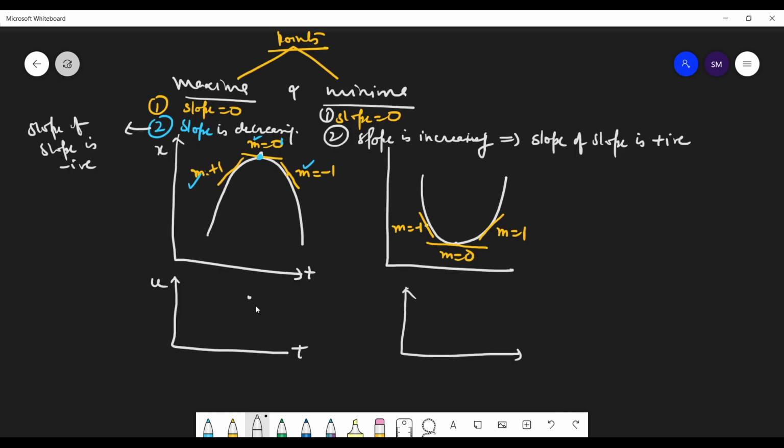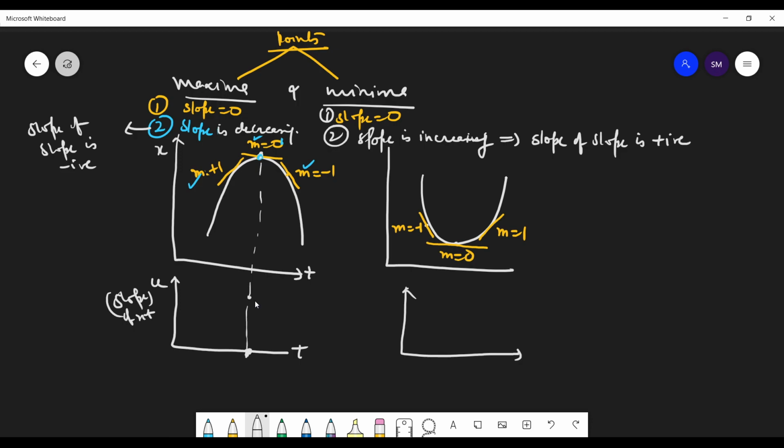Now tell me, what is the slope? Slope at this point is 0. So velocity at this point is 0. Yes, that's the point here. Agreed or not agreed? This is the slope of the xt graph.